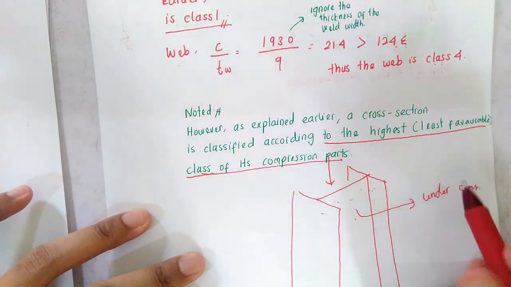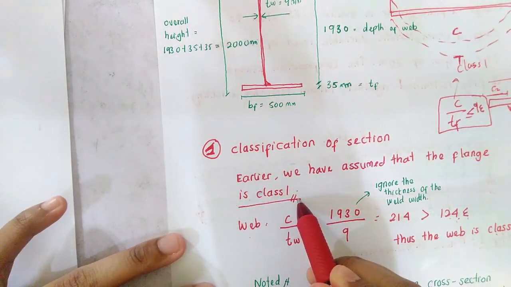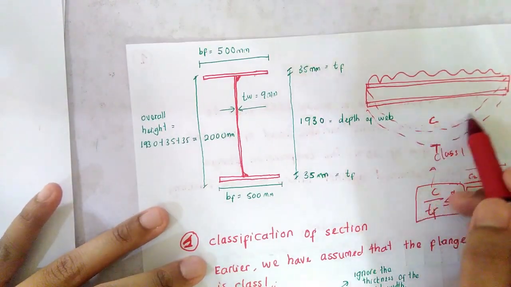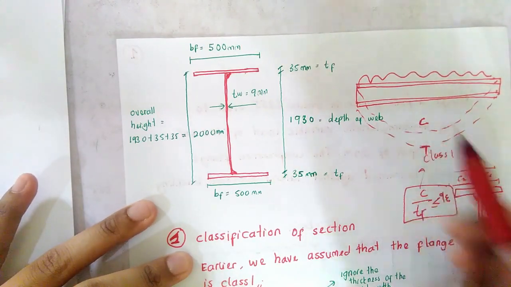So in that case, you need to follow the web. But in our case, we follow class 1, because the flange is the one that resists the compression.